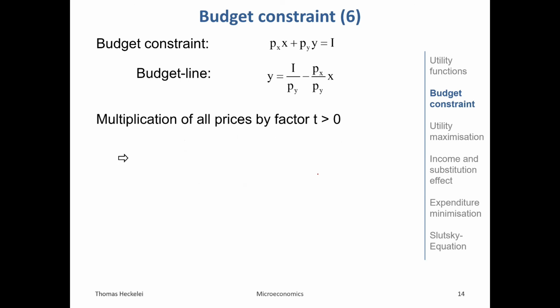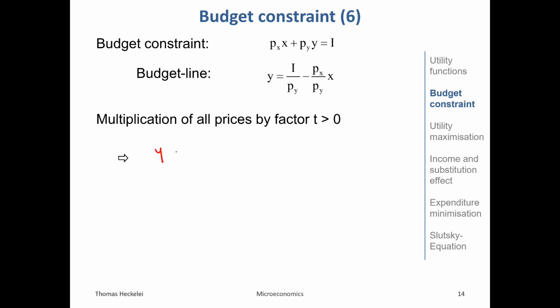Now, let's combine those two together. What if all prices and income increase or decrease at the same time by a factor t? What will happen? Let's see it here.